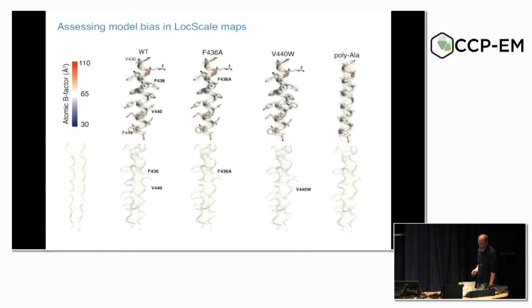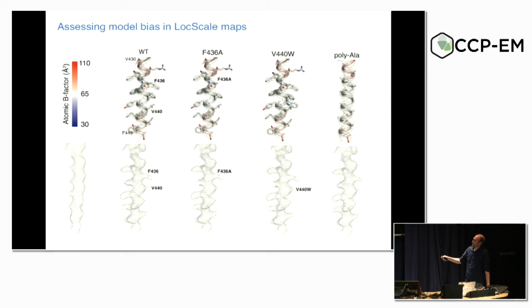But since we are transferring some information from the model, you of course need to make sure that this does not bias your density. In this case, it's just amplitude information that is being transferred, but nevertheless, it's important to see whether this affects the result. So what you see on the far left here is a density stretch for this helix in the unsharpened density map.